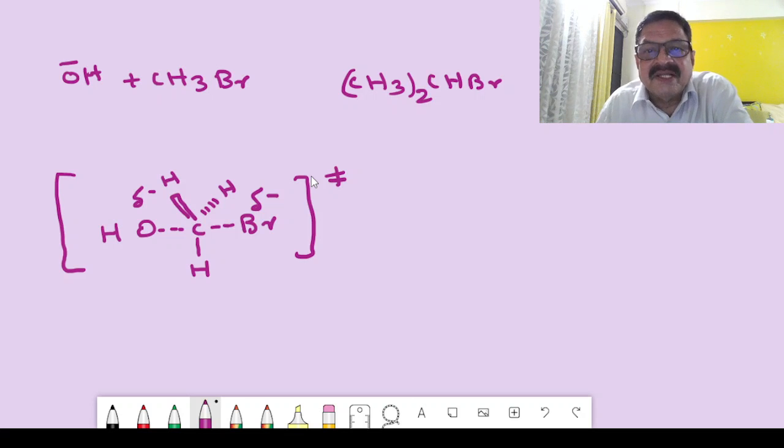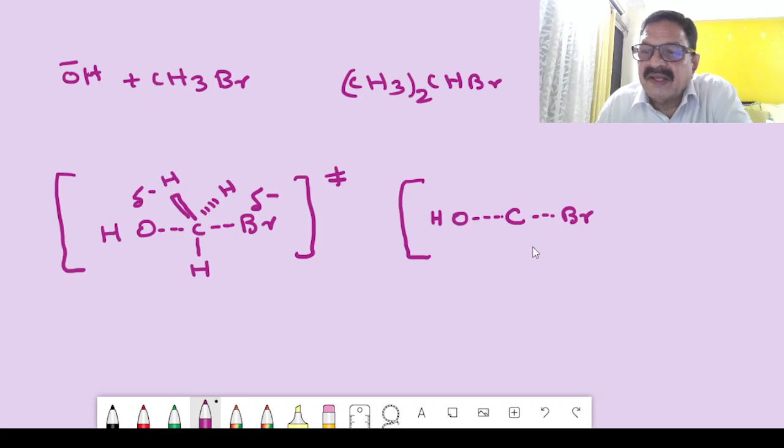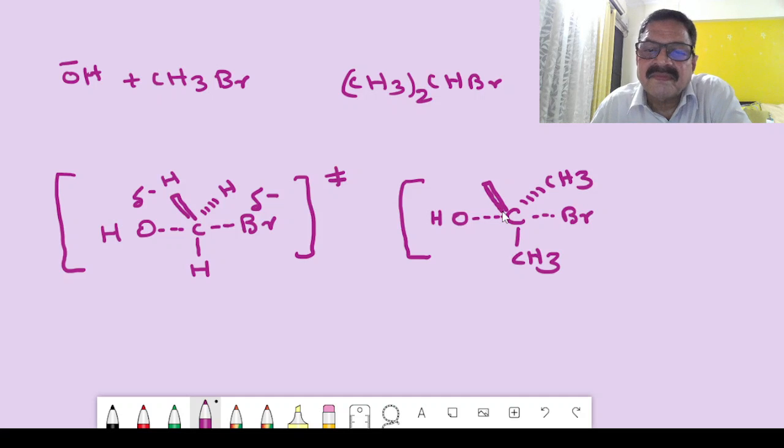Now, in the case of the other alkyl halide, let us see how it looks. So OH here, then we have carbon, then bromine, then one CH3 group, then another CH3 group, then another hydrogen.